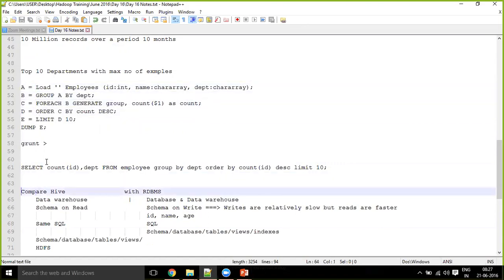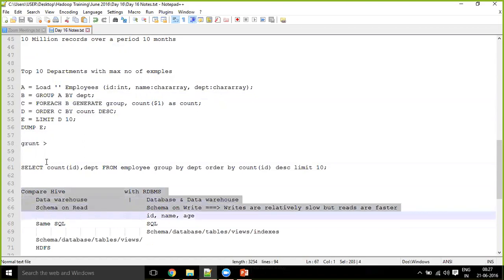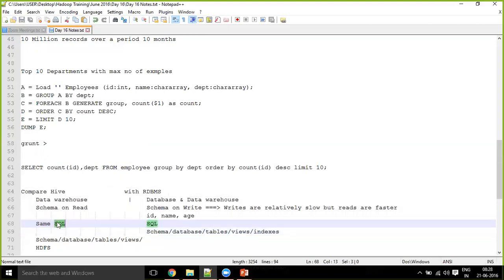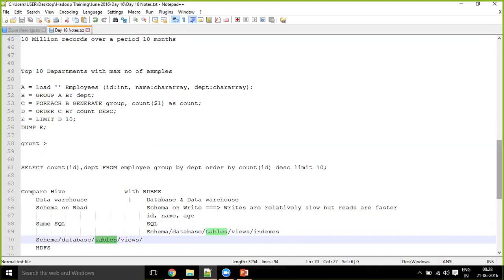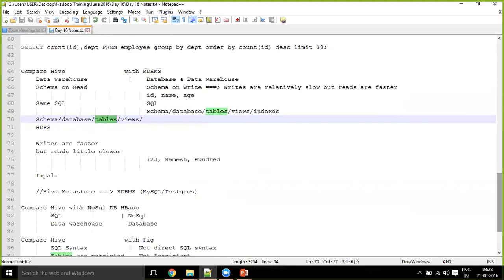But Hive syntax might be familiar for both. SQL developers anyway will be experts, and Java developers might be doing at least bare minimum SQL queries through their Java programs. They feel comfortable with the SQL syntax, with terms like databases, tables, and views, and with the JDBC clients.